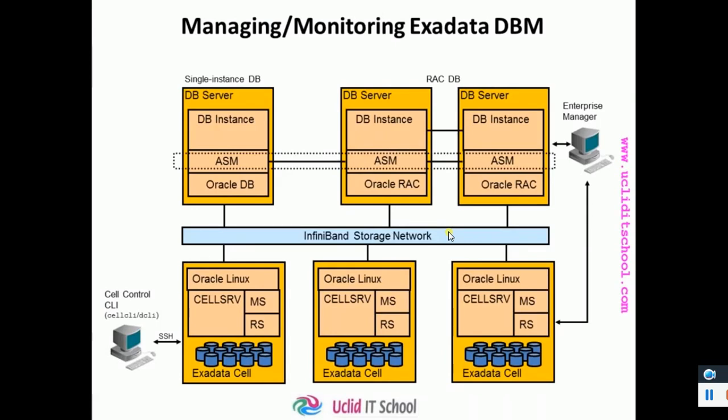For example, you have database servers, storage servers, and the InfiniBand network, which has InfiniBand cables and switches. You have Ethernet networks, which have Ethernet cables and Ethernet switches. You have power distribution units, which power all the components of the entire rack.